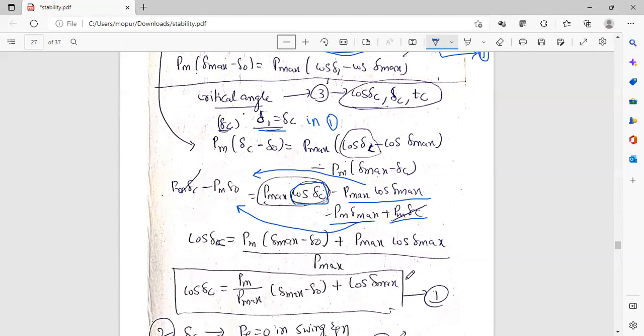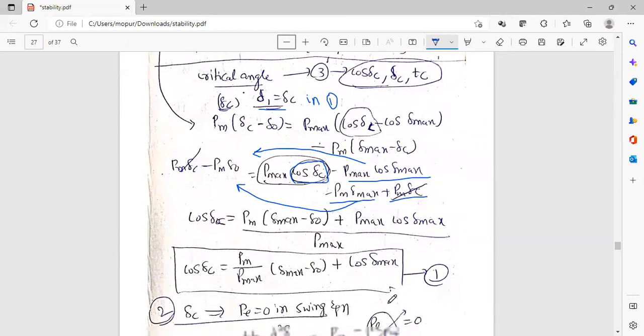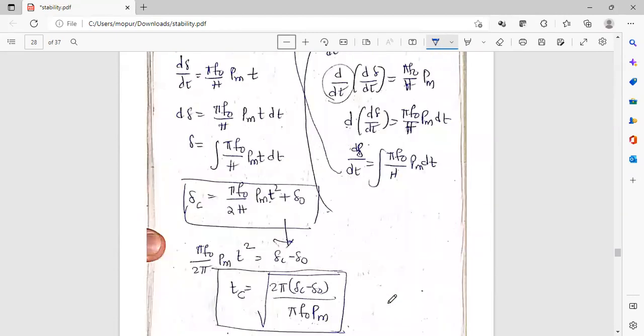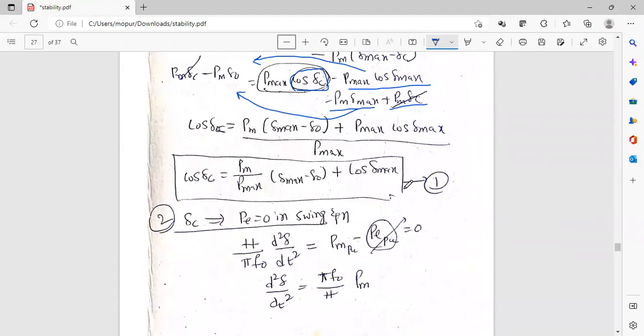So cos delta C. Now we got an equation for cos delta C. If you split this Pmax denominator individually: Pm by Pmax into delta max minus delta naught, plus cos delta max. This is the equation for the critical clearing angle.